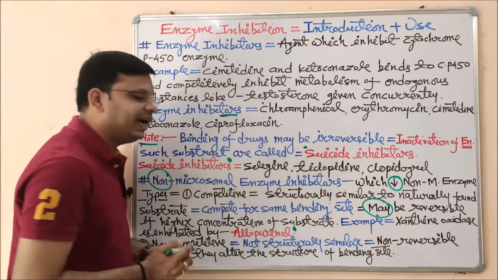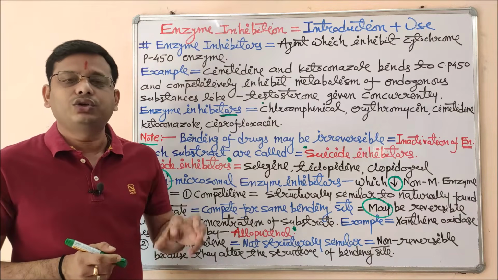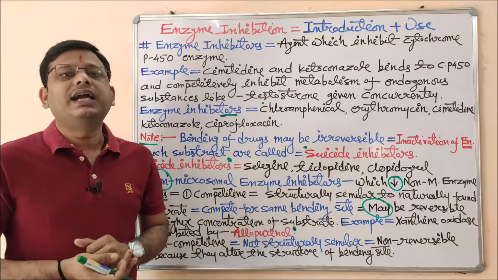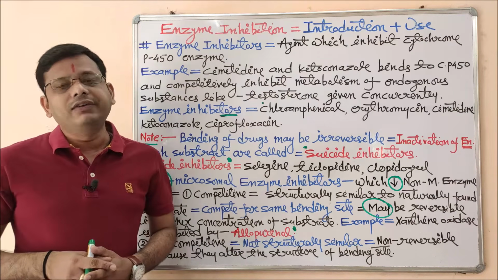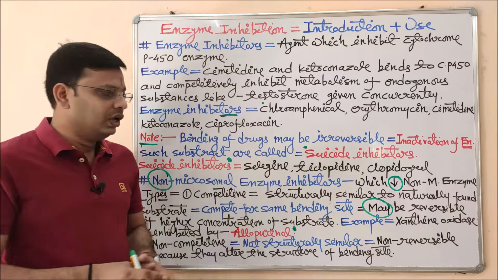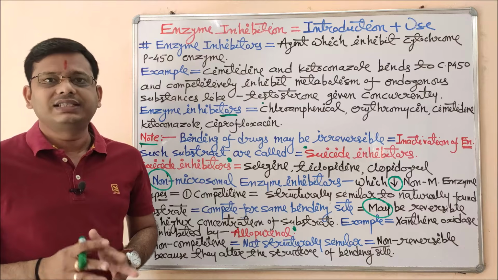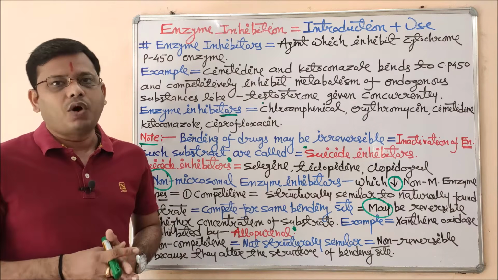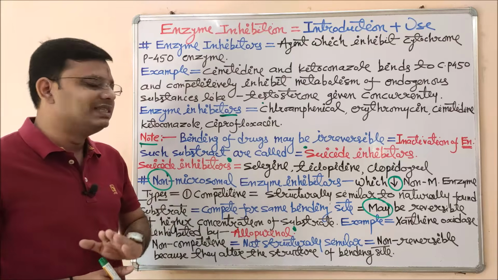Allopurinol is listed under anti-gout drugs. In gout there is an accumulation of uric acid crystals, which causes severe pain. To get relief from this gout pain, you should use allopurinol. Allopurinol inhibits xanthine oxidase and the conversion to uric acid, so that you get relief from this problem. This is an example of a non-microsomal enzyme inhibitor.